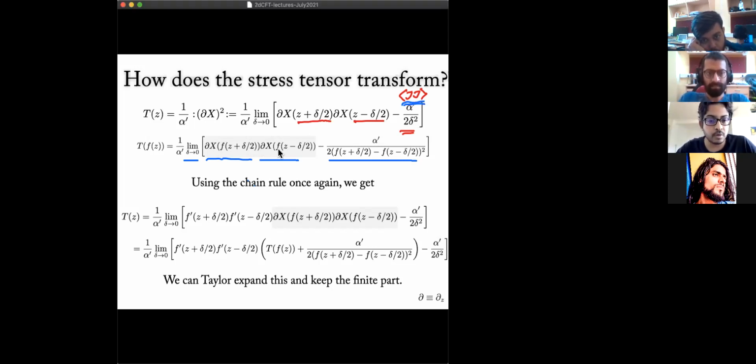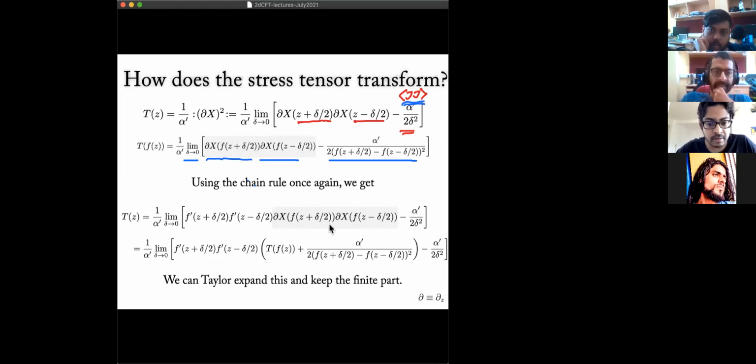All right. So we are interested in finding how the stress tensor transforms. One can once again use the chain rule. Let's change variables from z to f of z. You pick up these extra Jacobian factors, and you have this del X, which is now a function of f of z, and del X, which is a function of z, which is this.